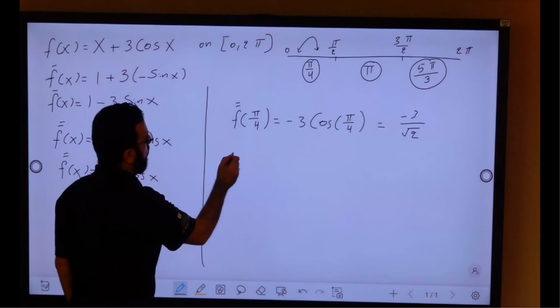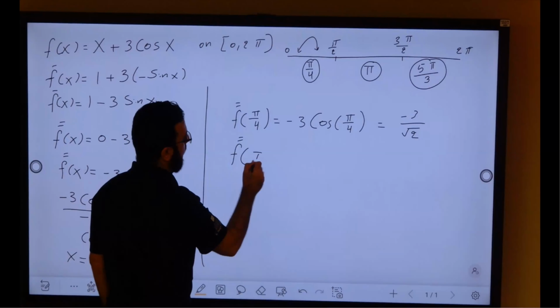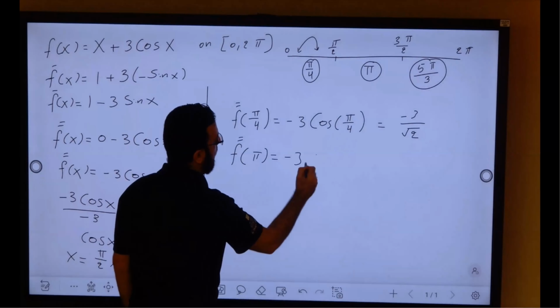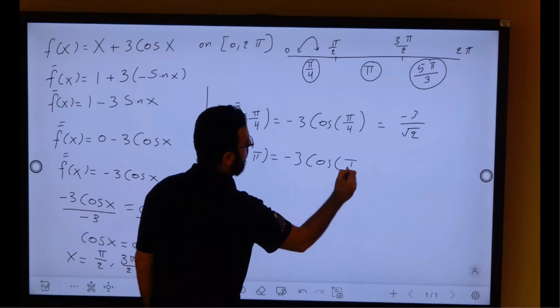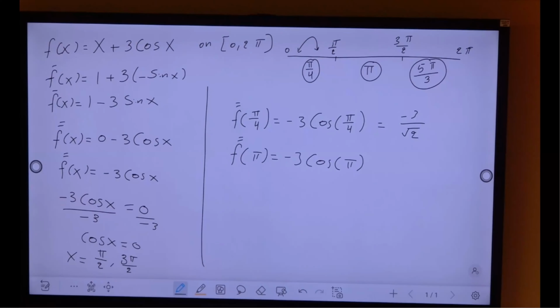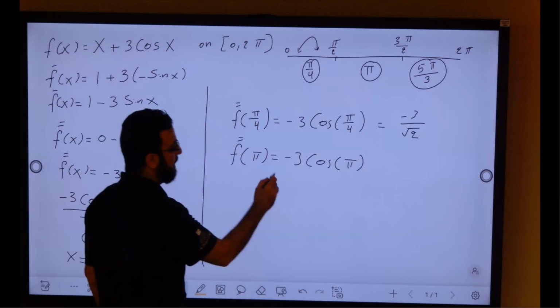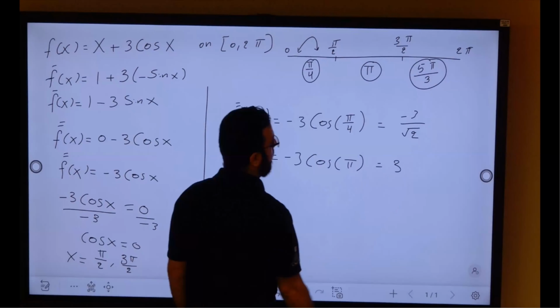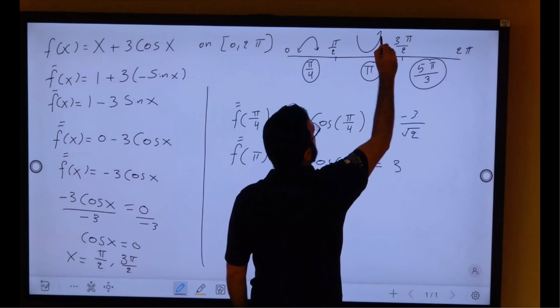The next one: f double prime at pi equals -3 cosine pi. Cosine pi is -1. Yes or no? -3 times -1 is 3, that means this one is concave up.